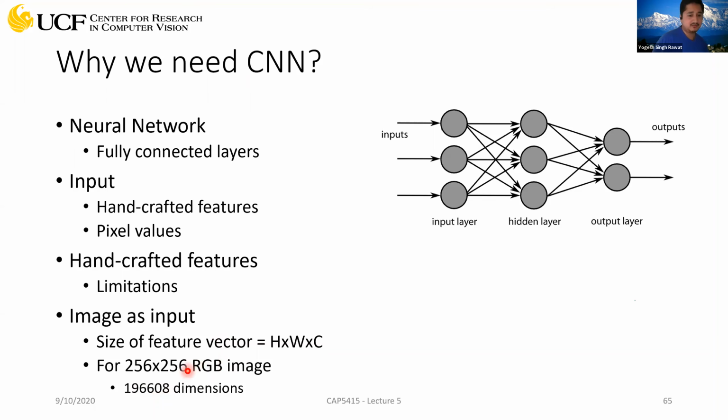If you have to feed this image to this MLP, then the input layer will have that many neurons. Depending upon how many neurons you have in your first layer, you multiply that with this number, and that will be the weights in the first layer itself. And that's a lot.